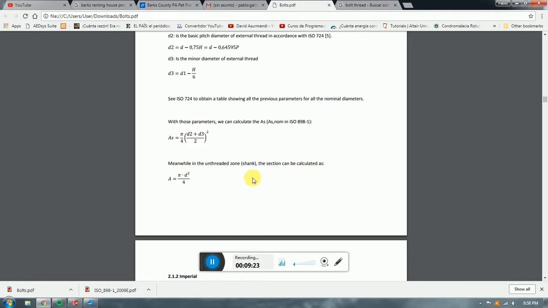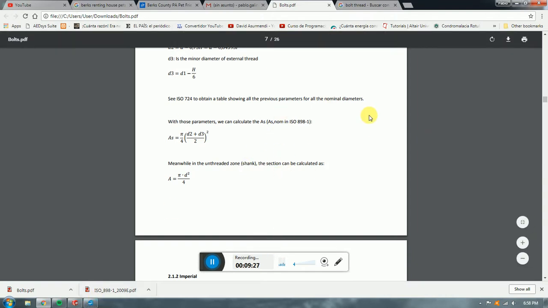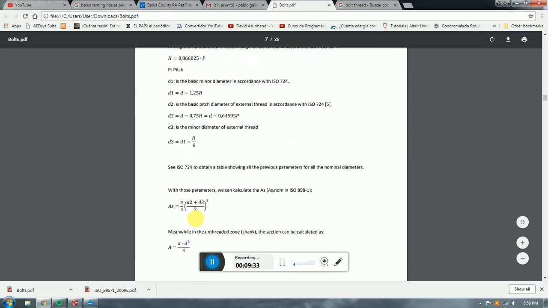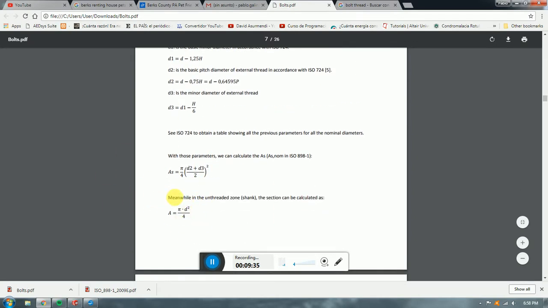Okay, if the shank is, for example, for the 4015, a little bit narrower, then it's going to be that diameter. But this formula for the unthreaded zone is not that important, at least for me and for my calculations. Because why?